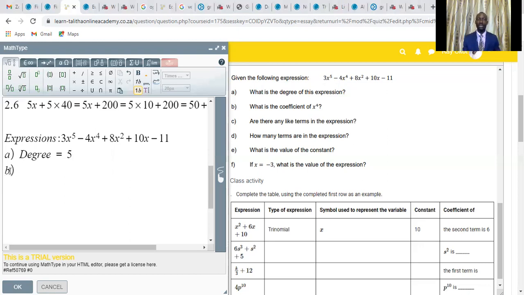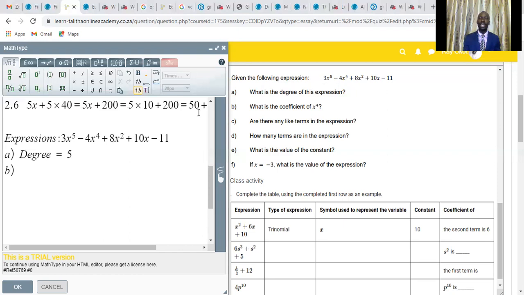For example, if you are required to multiply a number by 2, that means you will have 2 times that number, or simply 2x. In this case, 2 is called the coefficient.